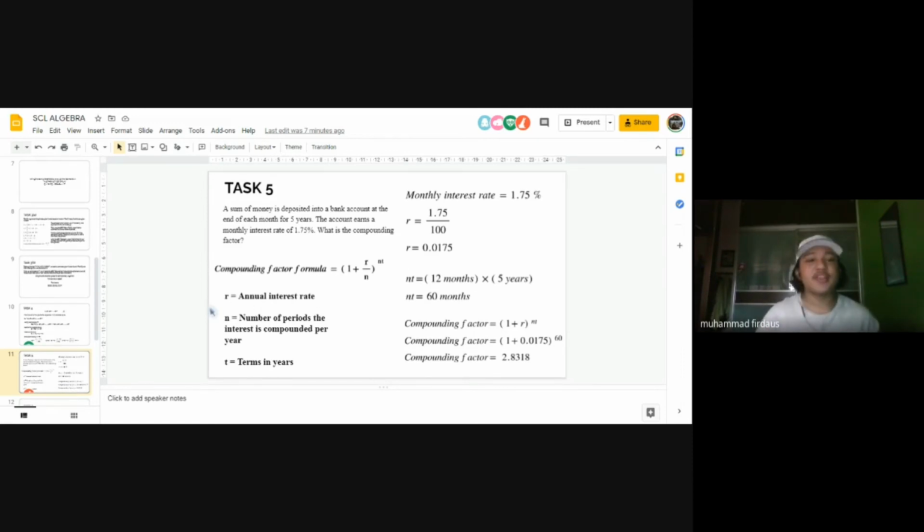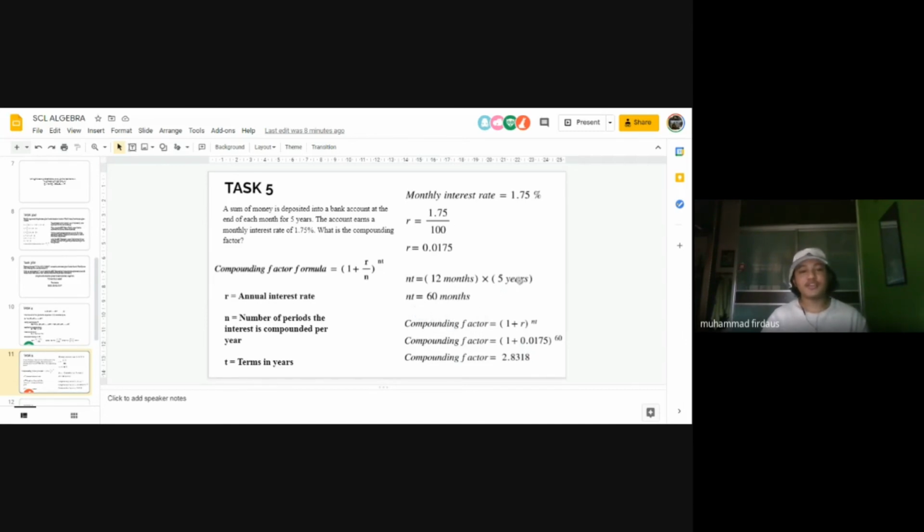So the formula that I give is equals to (1 + R/N)^(NT). The 1 is the $1, R is the annual interest rate, N is the number of periods the interest is compounded per year, and T is the term in years.